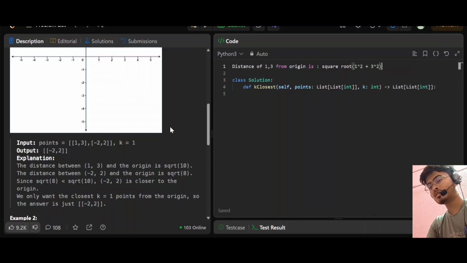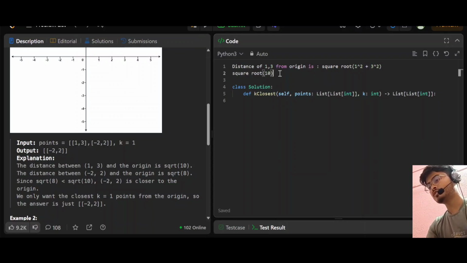The distance of minus 2, 2 from the origin will be negative 2 square plus positive 2 square, that is 4 plus 4, that is 8, and square root of 8.